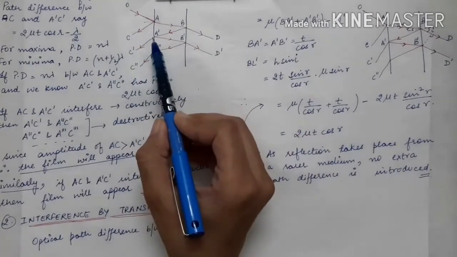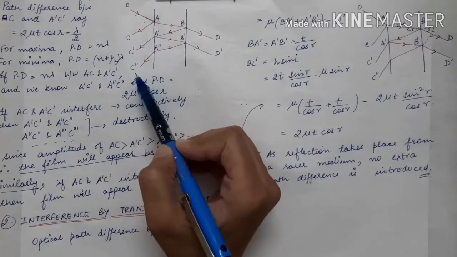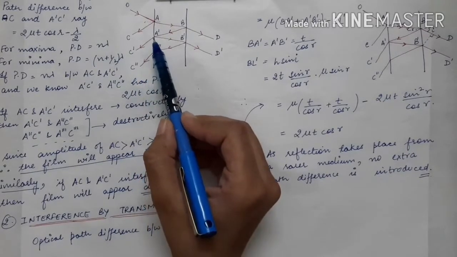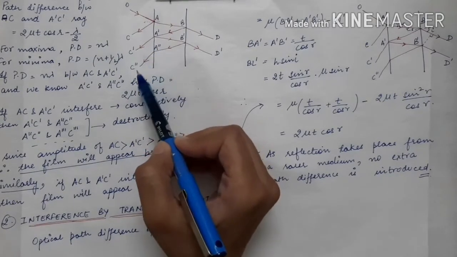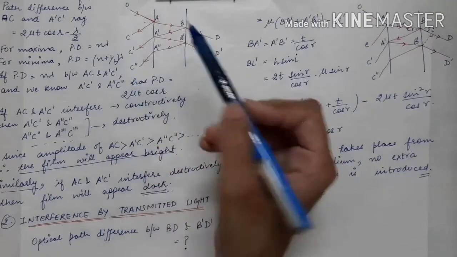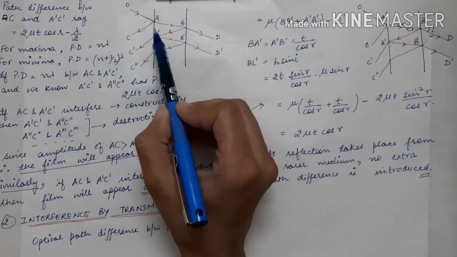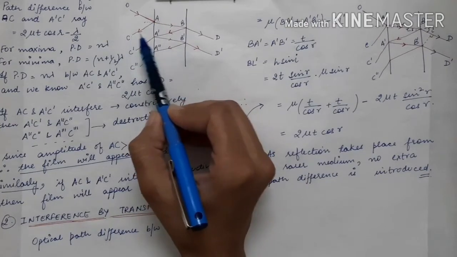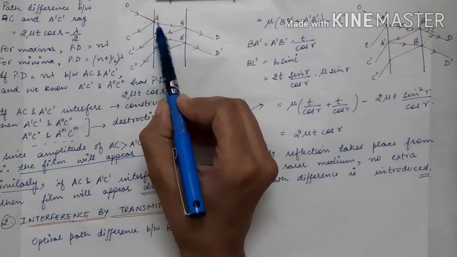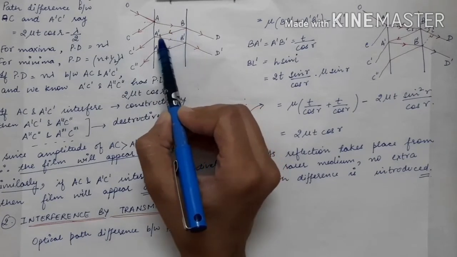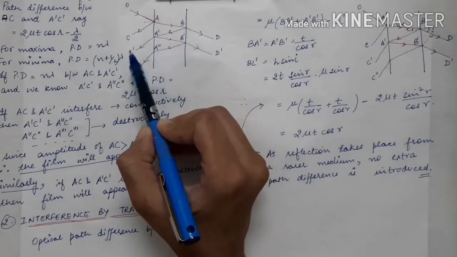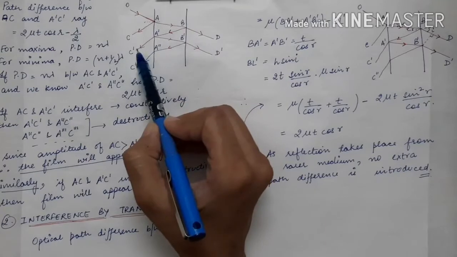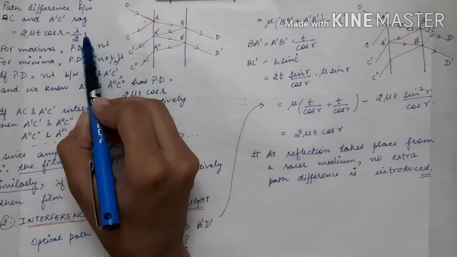Now the second and third reflected ray. What is the optical path difference between the second and third reflected ray? As we have seen in the first case, at point A, the AC ray and the ray which was refracted, reflected and then transmitted had a path difference given by this formula.